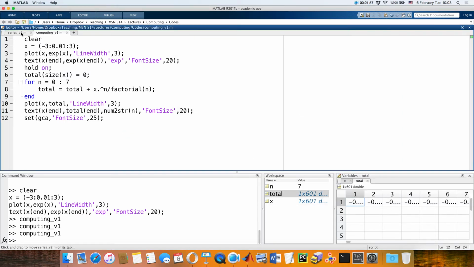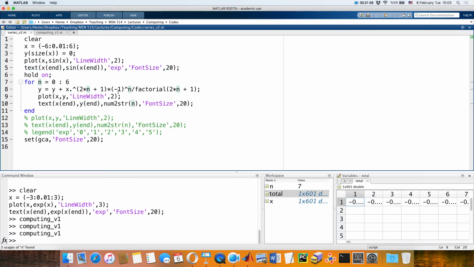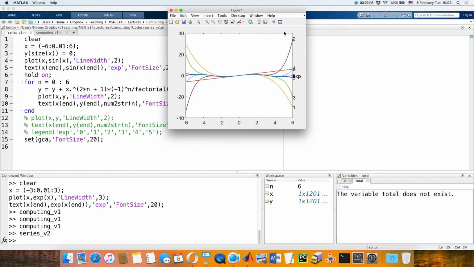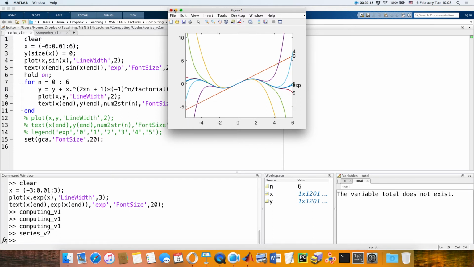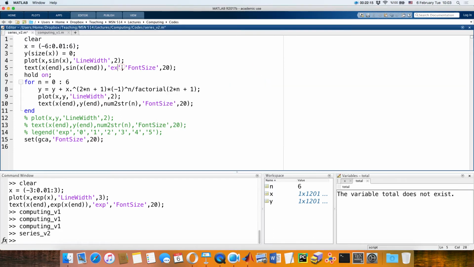So let's do it for sine, and you will see that it's kind of different. It's complicated. Maybe I should write here sine. And maybe just the end product.